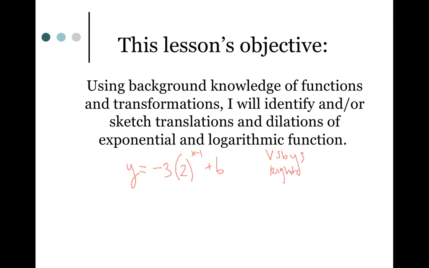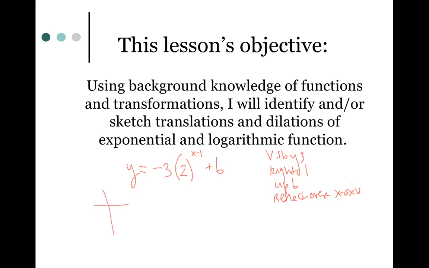I'm going to go up 6. And this is going to reflect over the x-axis. We're not going to talk about reflections over the y-axis. Like, you're not going to have a multiplier in front of x. You will do that in pre-calculus next year, but I definitely don't need to do that with you guys now. If you're curious, explore it, but I definitely don't need you to.